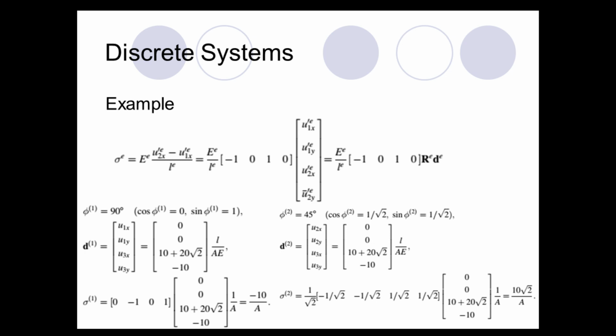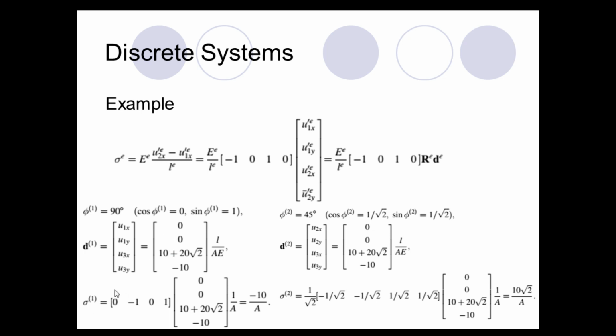So this is minus 1, 0, 1, 0 multiplied by the vector. These are element-wise in the element coordinate system. In order to transform it into the global system, we have to multiply it with the rotation matrix, right? So the rotation matrix multiplied by the displacement in the global system will give us minus 1, 0, 1, 0.